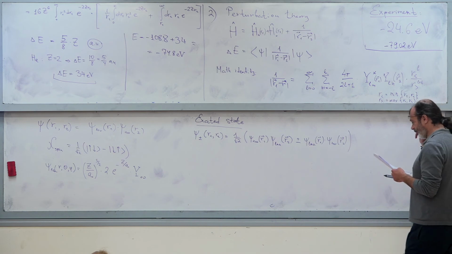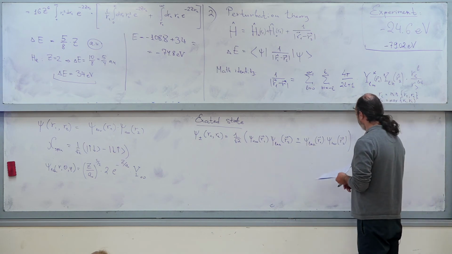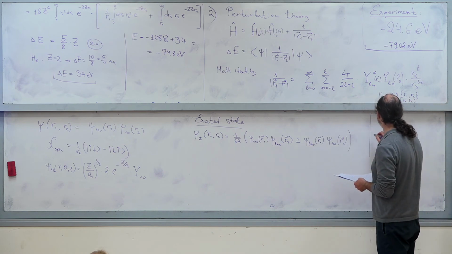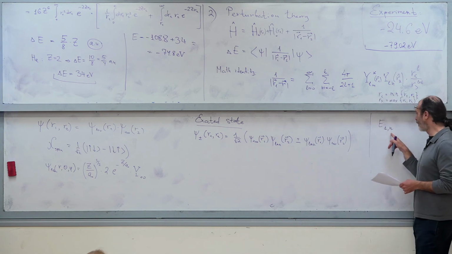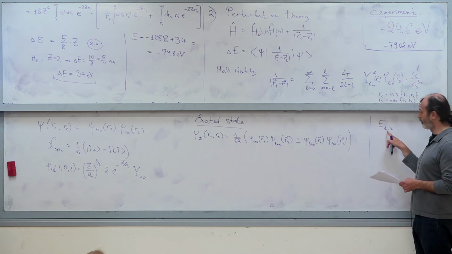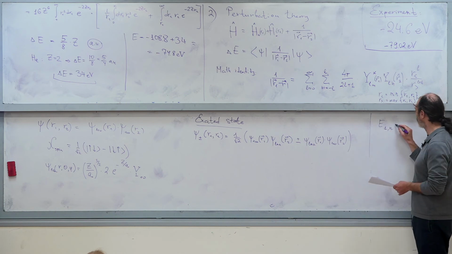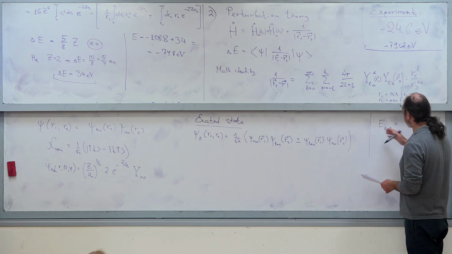Okay, so that's the wave function that we have to take into account. Calculating without the interaction gives us the energy with principal number 1 for one electron and some other principal number n for the second electron. So that's the part without the interaction.